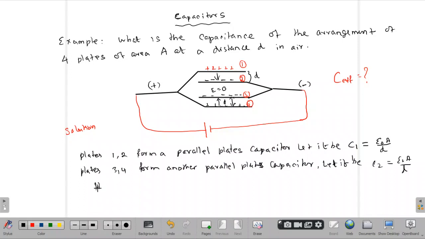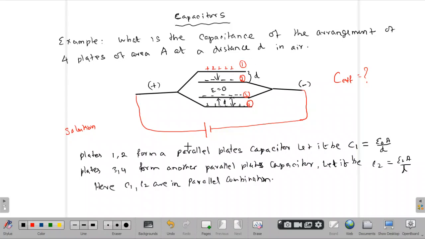Here C1, C2 are in parallel combination. Why parallel combination? Positive plates of the two capacitors are connected together, negative plates of these two capacitors are connected together, so this is parallel combination.